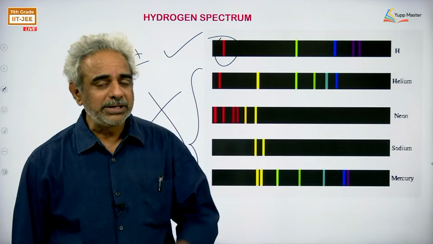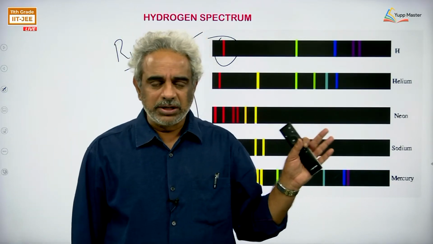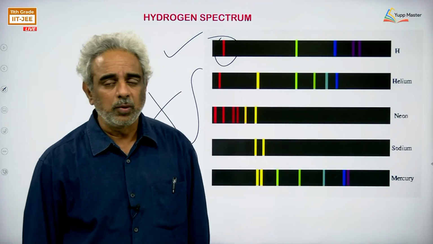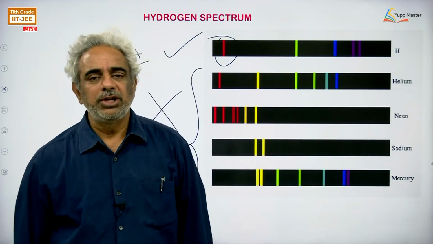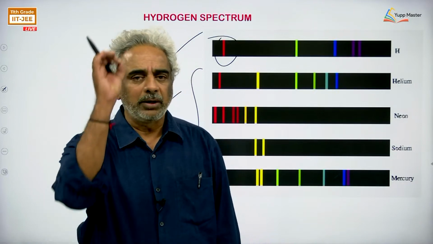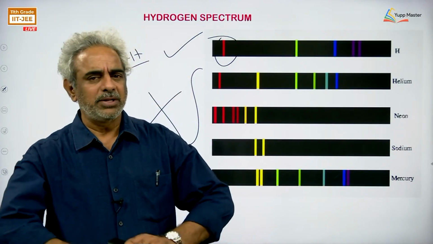We have to calculate and check. Anyhow, that's a very good success of Niels Bohr's model for the hydrogen spectrum. He could successfully explain the spectra of hydrogen-like single electron species, and he verified the RH value. We got the principal energy of an electron, the distance from the nucleus, everything perfectly.